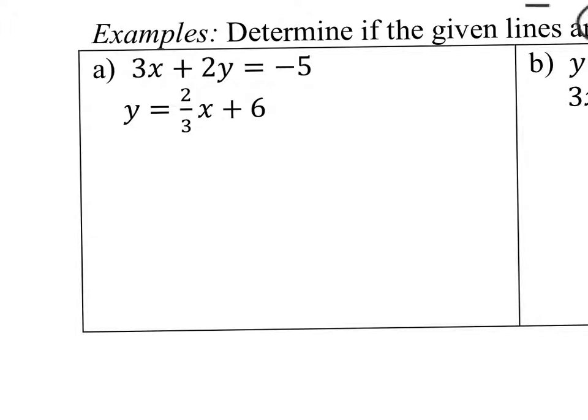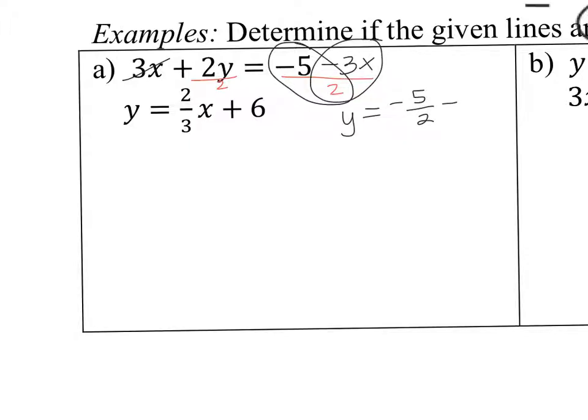So I'm going to subtract 3x in this problem, and then I'm going to divide by 2. So when I do that, I'm going to divide each term by 2. So this is negative 5/2, and this is negative 3/2 x.